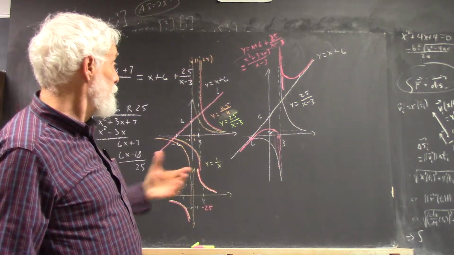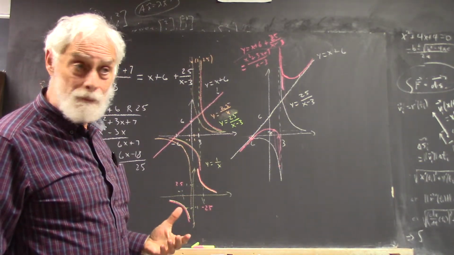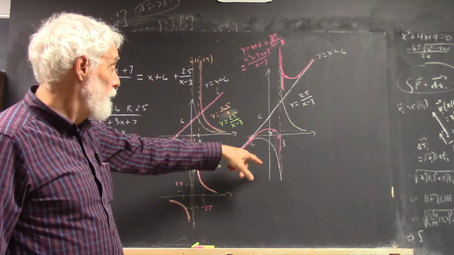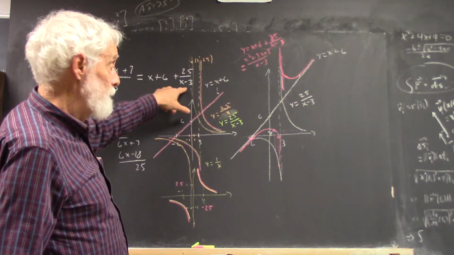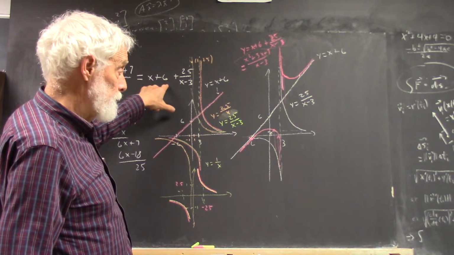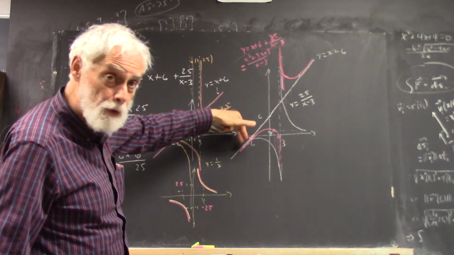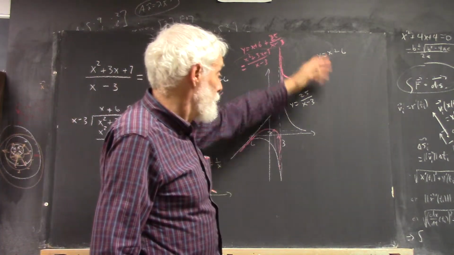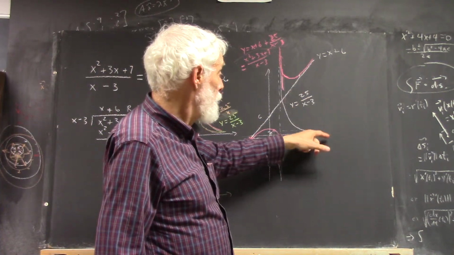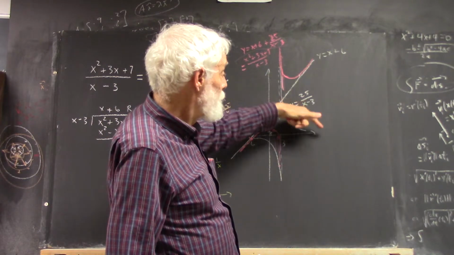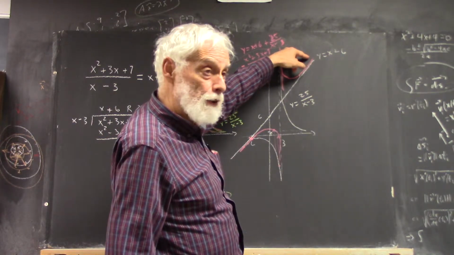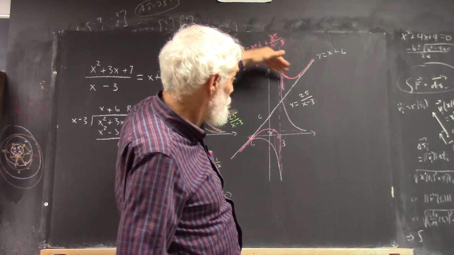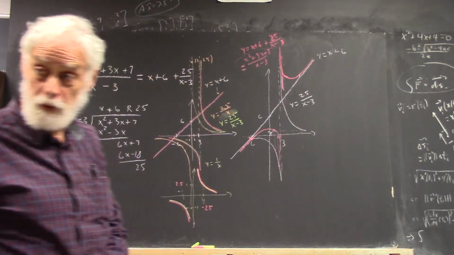Now if x is less than negative 3, I'm going to have a tiny negative value, just like what I've got here, added to the x plus 6 value, which will take the graph a little bit below the x plus 6 graph. Over here, we've got a tiny y value, which is positive though, and gets added to the x plus 6 value, putting this graph a little higher than the x plus 6 graph.